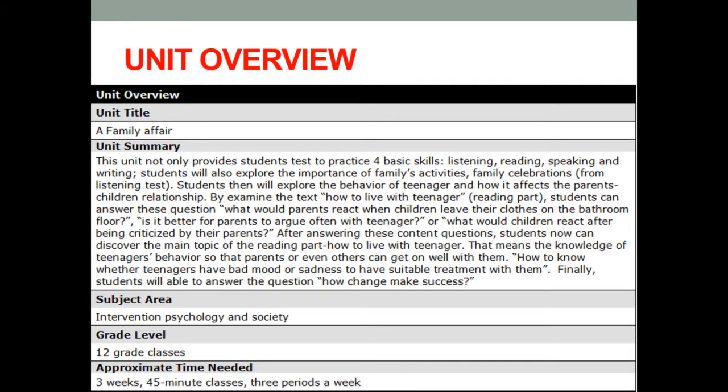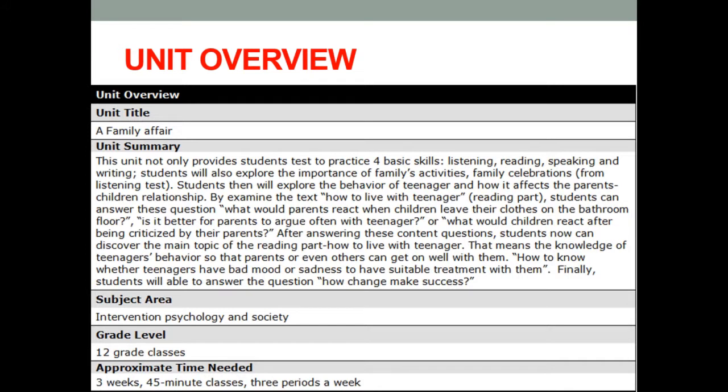After answering these content questions, students can now answer the topic question, how to live with teenagers. That means they will have the knowledge of teenagers' behavior so that parents can get on well with teenagers. Students can also answer how to know whether teenagers are in a bad mood or sad, to have a suitable treatment for them.